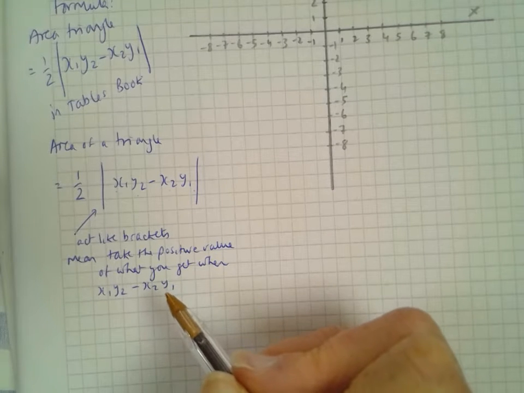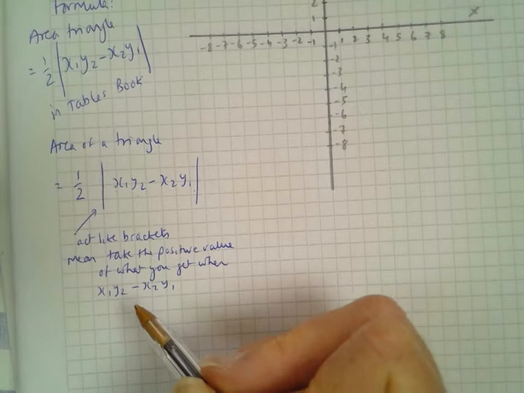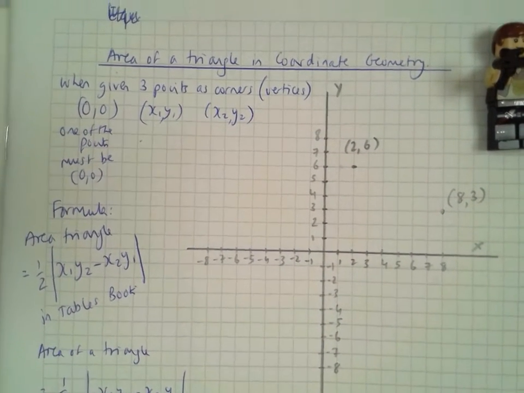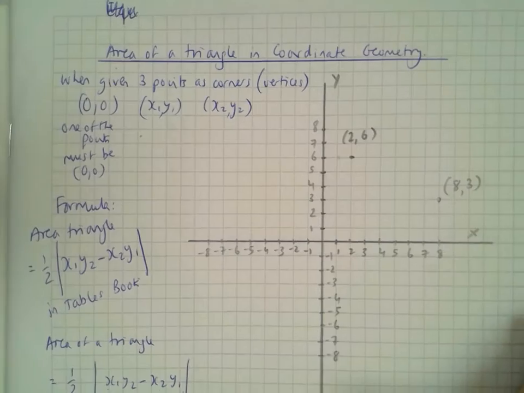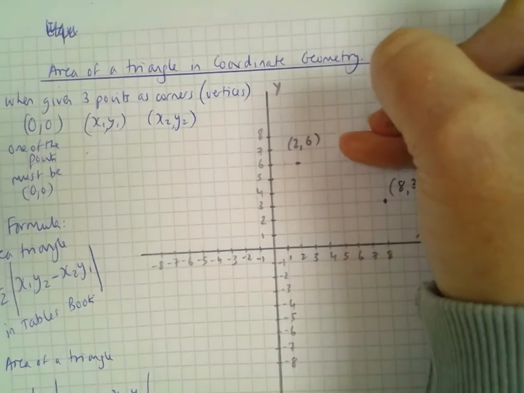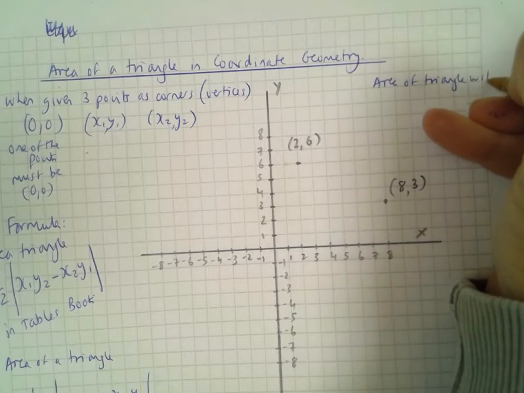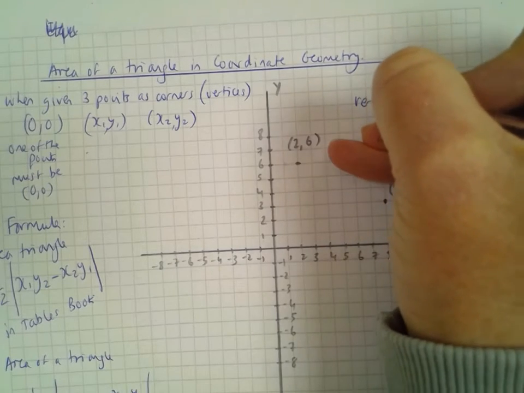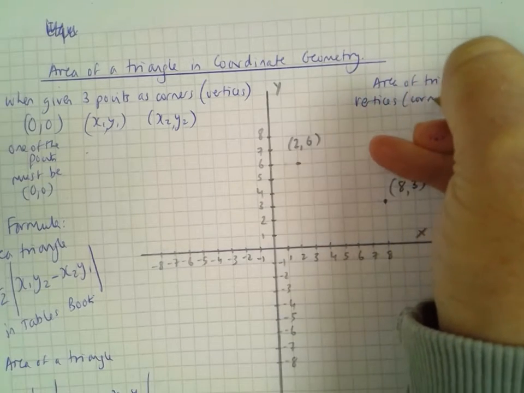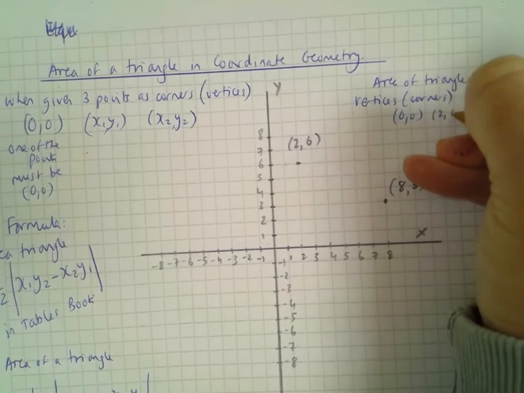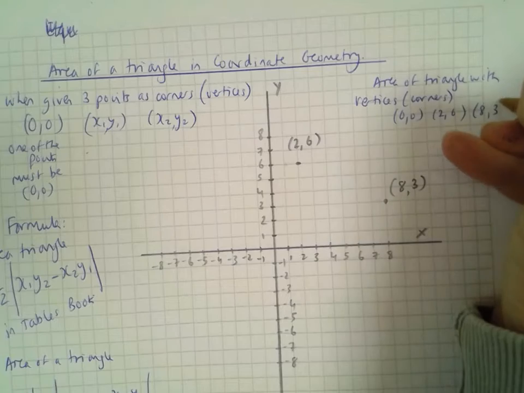Okay? So maybe it'll make more sense if I work through a question, as usual. So here's a question. We've got to find the area of the triangle with vertices, that's corners, 0, 0, 2, 6, and 8, 3.